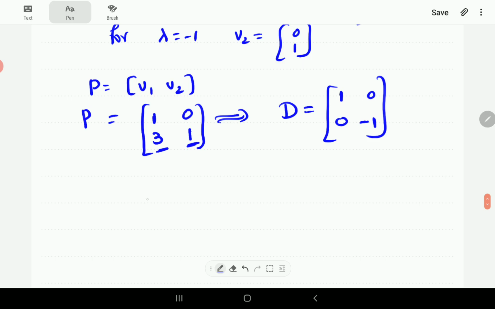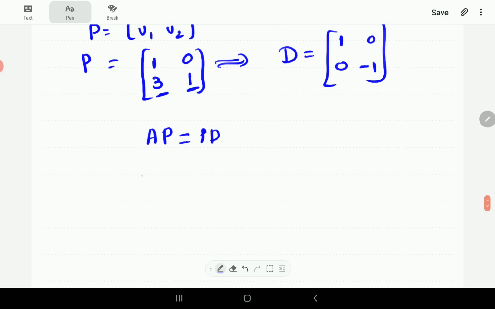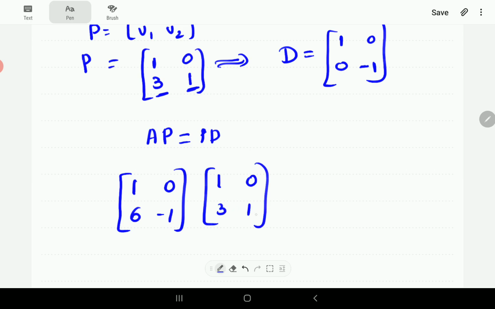Now you can just verify whether A times P is equal to P times D or not. Your A, with which you started, is 1 0 6 -1, and you got your P as 1 0 3 1. Let me multiply this.